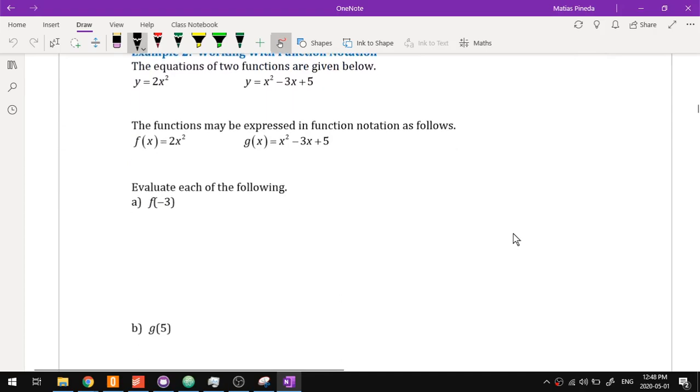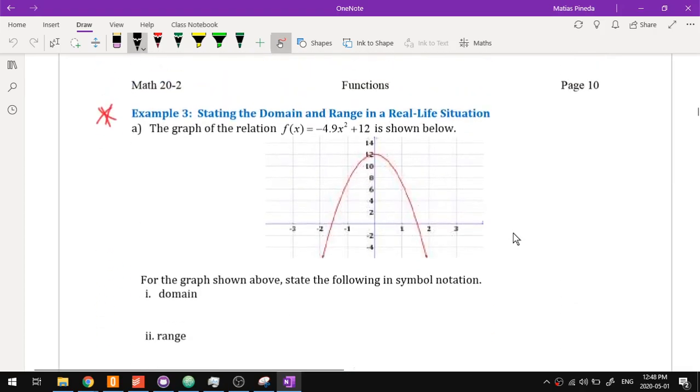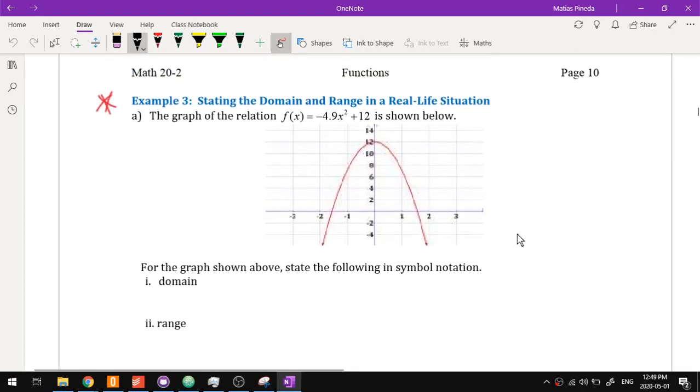We are going to skip the next page here and we're going to move on to a word problem on page 10. So stating the domain and range in a real life situation. In A, we have the graph of the following relation. f of x equals -4.9 x squared plus 12. They've already graphed it for us.